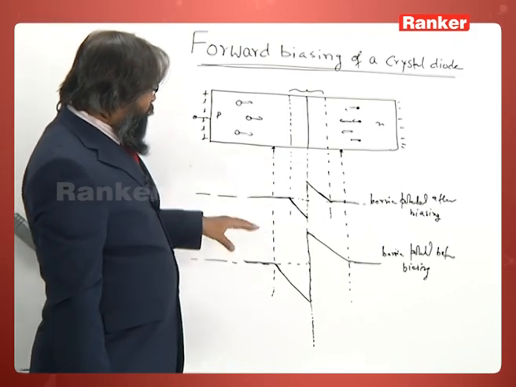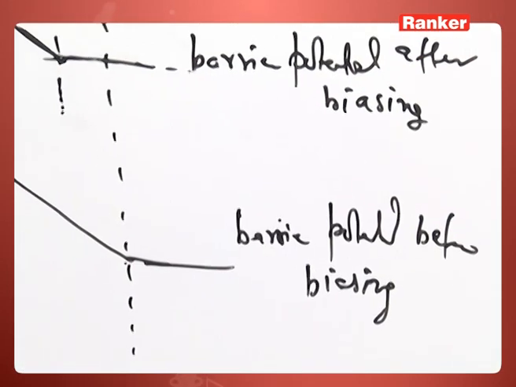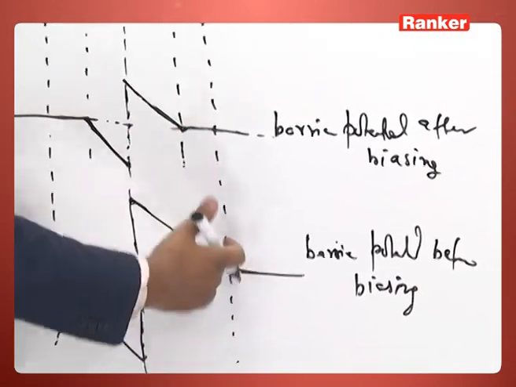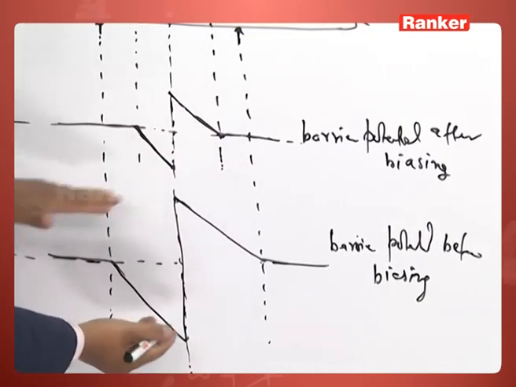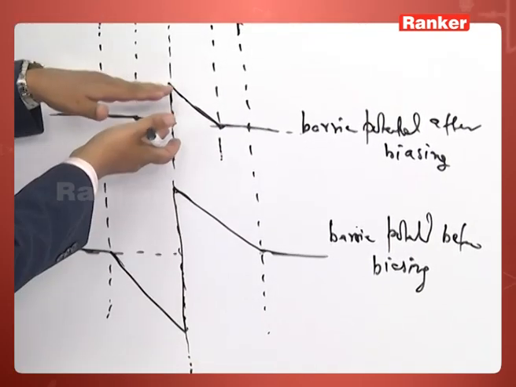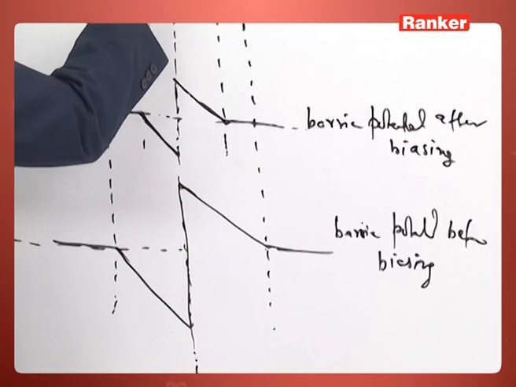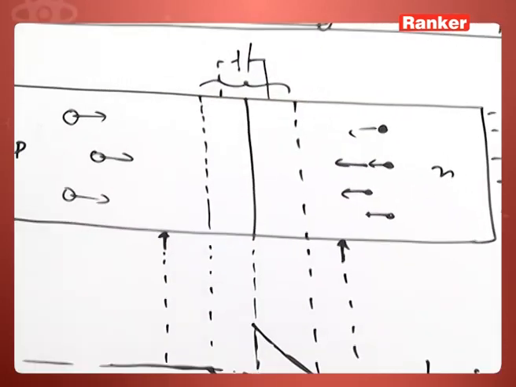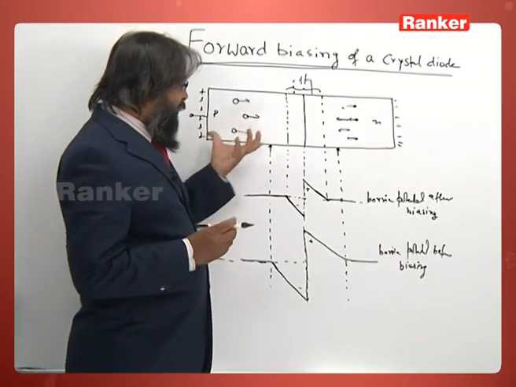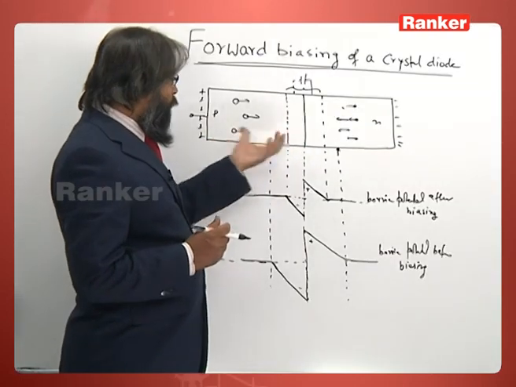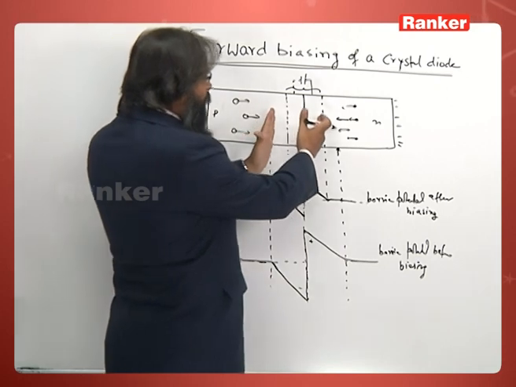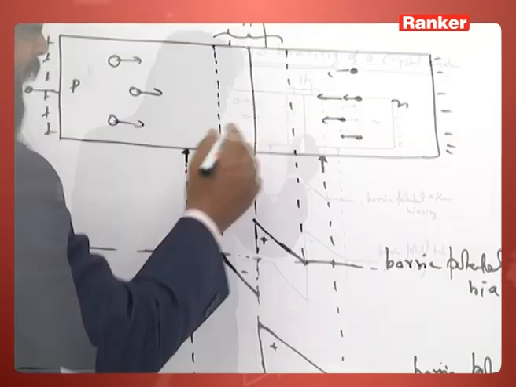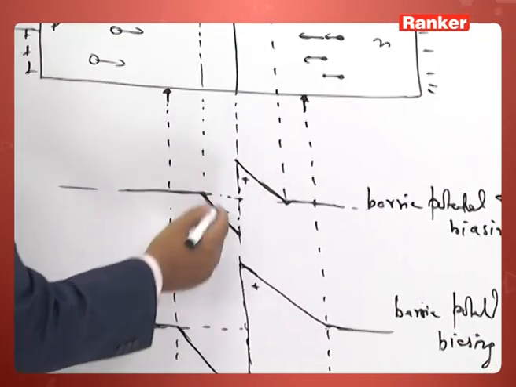So you see here, when you forward bias this, the depletion layer has decreased from this to this, and you see this barrier height is reduced this much. So the potential barrier is reduced here. So as we increase the bias voltage, this depletion layer will decrease, and the potential barrier has been reduced.